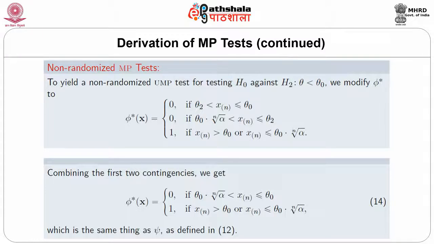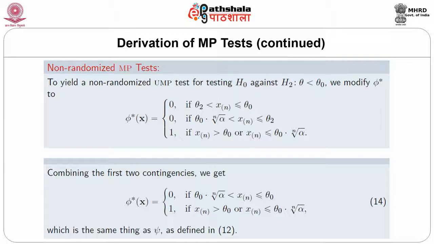Now, combining these first two cases, we can rewrite this as phi star is 0 if x order n lies between theta naught alpha to the power 1 by n and theta naught, and 1 if x order n is greater than theta naught or x order n is less than or equal to theta naught alpha to the power 1 by n.